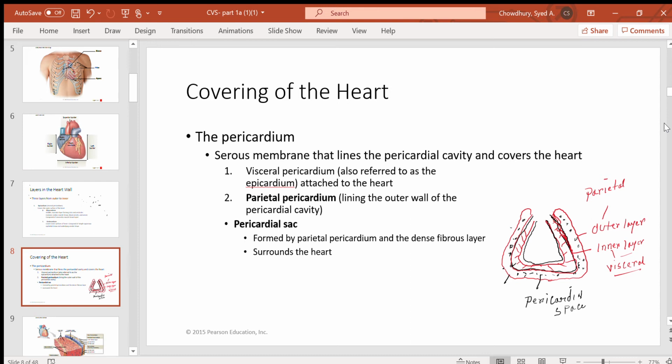If there is no fluid in between these two layers of pericardium, then what will happen? Friction will occur between these two layers. Rubbing will cause sharp pain during the contraction and relaxation of the heart, because they move in opposite directions. And this lubricating fluid is called the pericardial fluid.